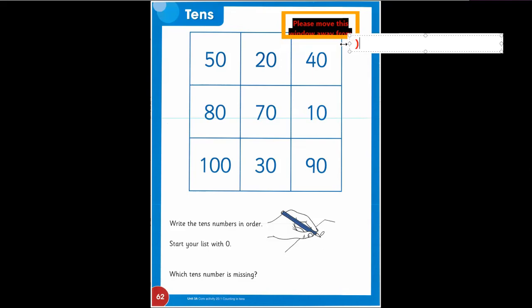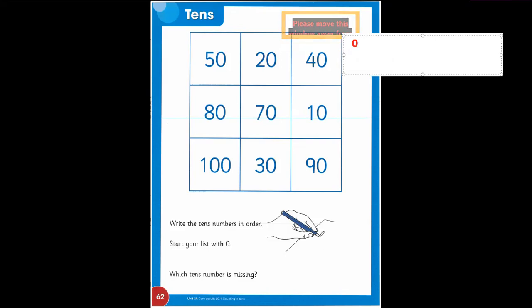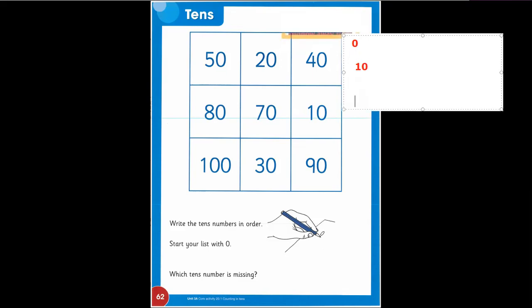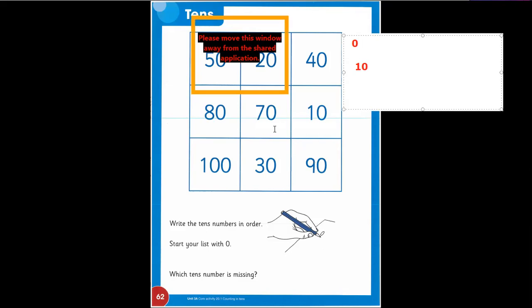0. After 0, we have 10. Next is 20. Okay, after 10 we have 20.